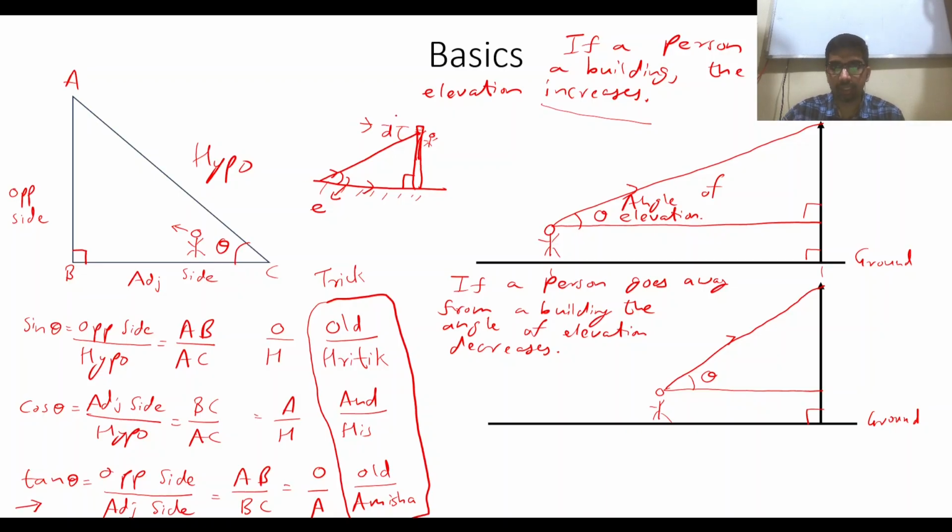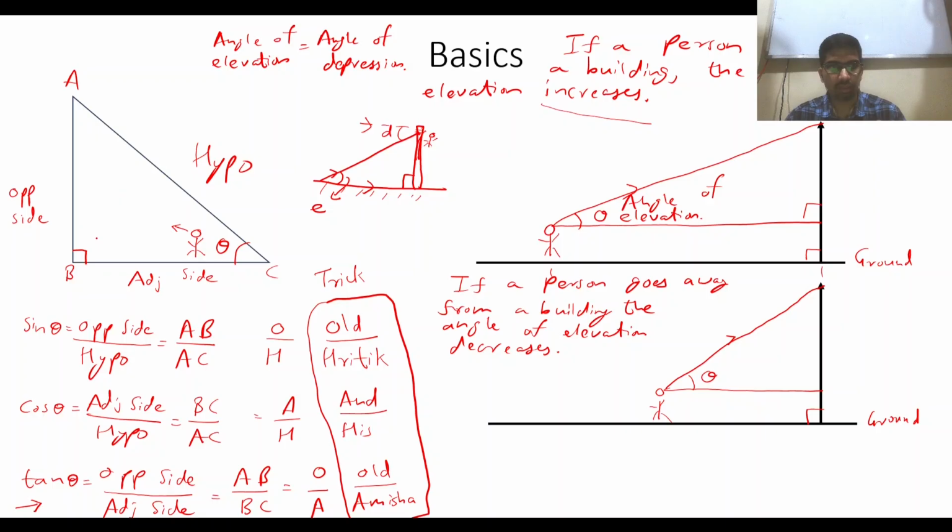So Z means alternate angle. So over here, angle of elevation is equal to angle of depression. So this is the basics of height and distance.